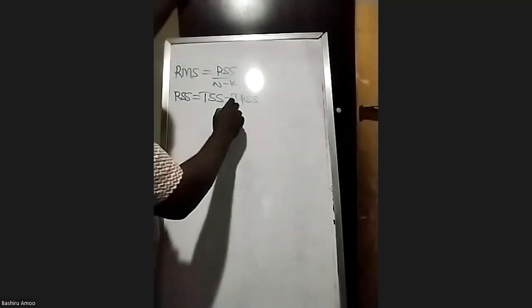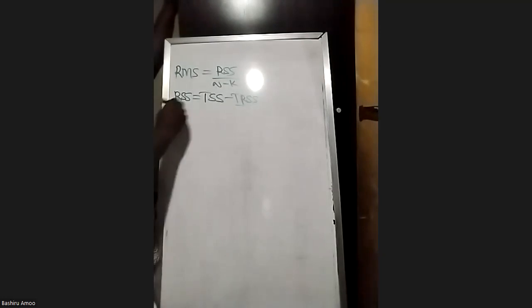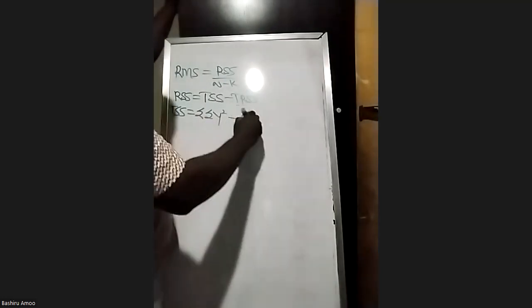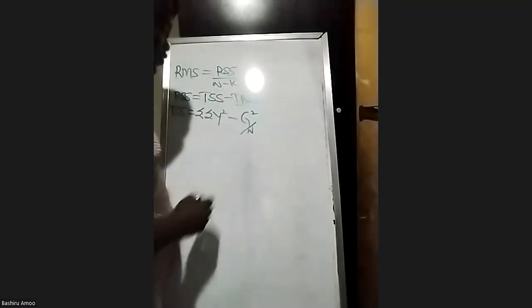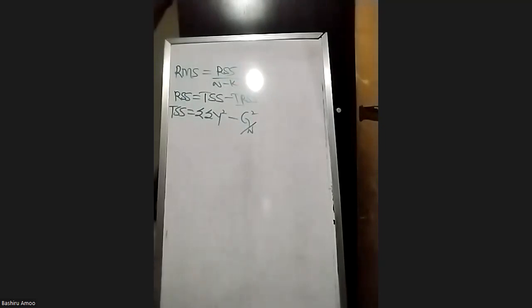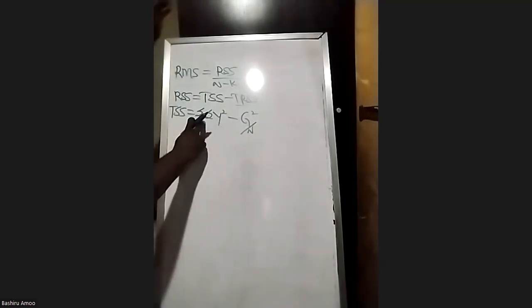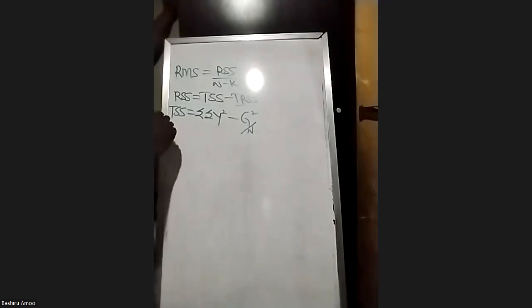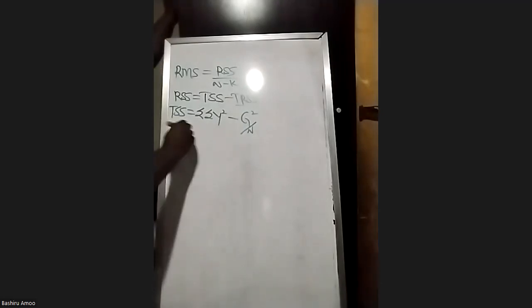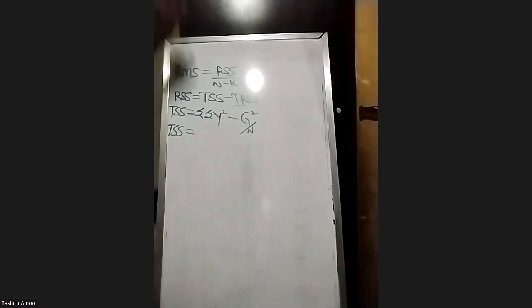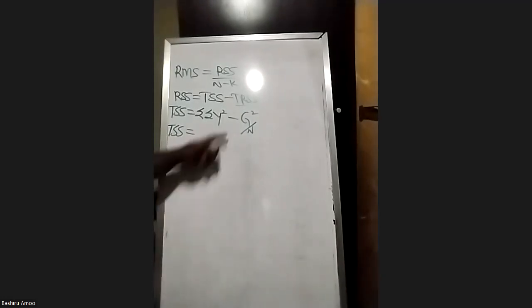Now, we've gotten the treatment sum of square. And recall that to get the total sum of square, it's the summation of Y squared minus the correcting factor. And we've gotten the correcting factor now. We have the value for the correcting factor as well. So let us get this first value. Please let's do this together. Now we are expected to sum each value squared, right, minus the correcting factor.